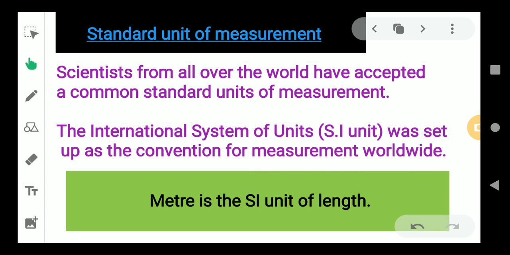That means a standard unit of measurement was set so that all the people in this world will be using the same unit, so that the measurement will be accurate and perfect in all places. Here, meter is the SI unit of length. Very important. Meter is the SI unit of length. That means wherever we go around this world, meter is the standard unit of length.